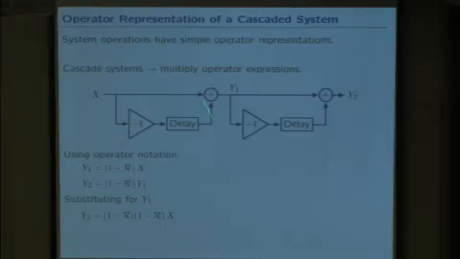If we were to cascade 2 systems, imagine this system, which looks just like the system we've been looking at, but it's cascaded with a clone. The question is, what would be the behavior of that cascade? Well, according to our operator representation, this y1 signal is just the 1 minus R operator applied to x.